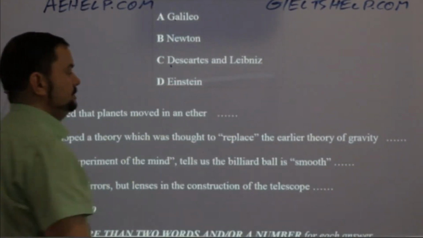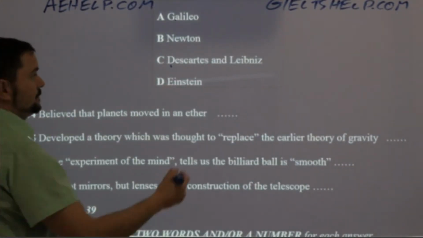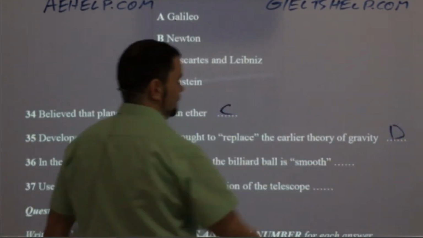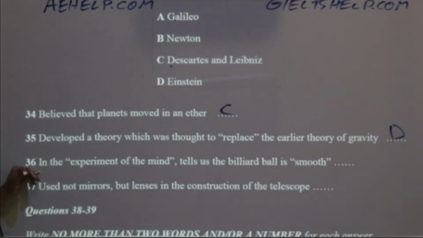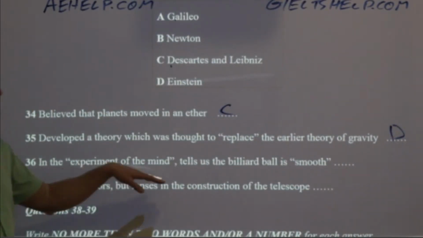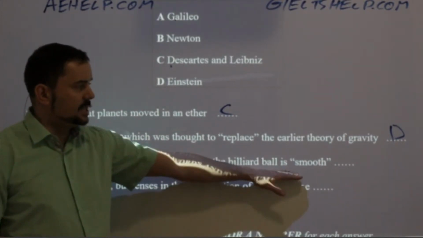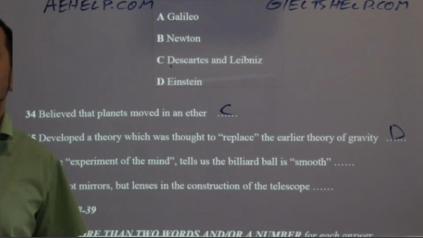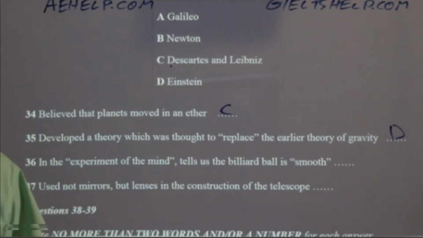All right. So, C, D. Okay, in the experiment of the mind, it tells us that the billiard ball is smooth. So, not with scrapes and dents and imperfections, but smooth for number 36.